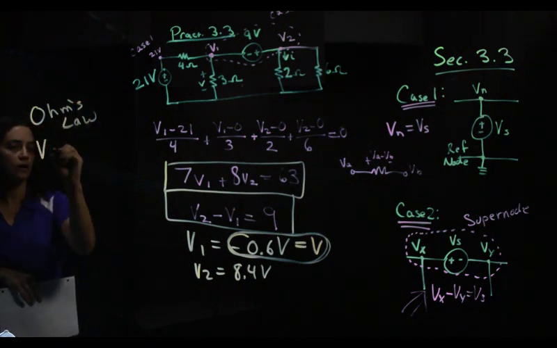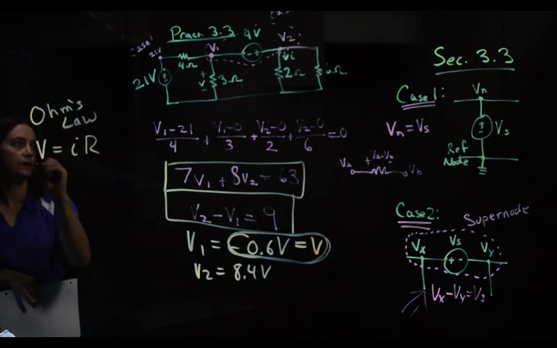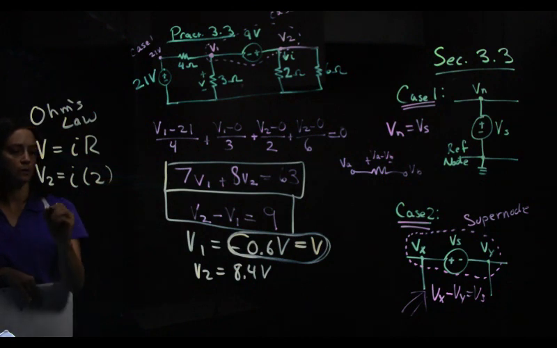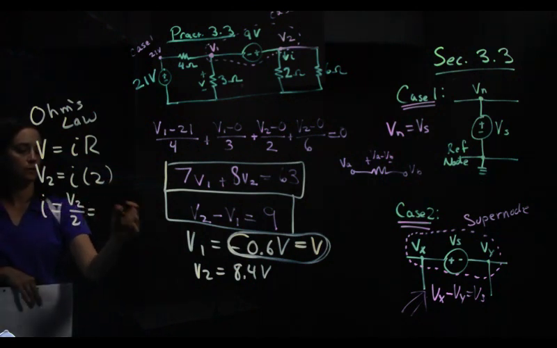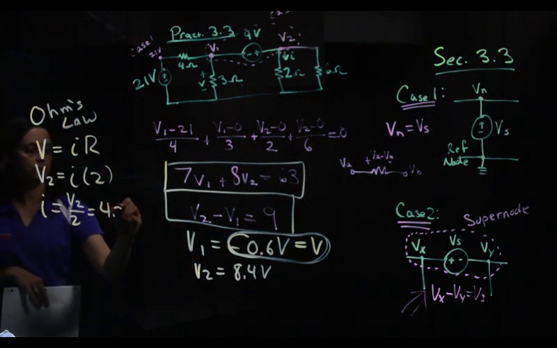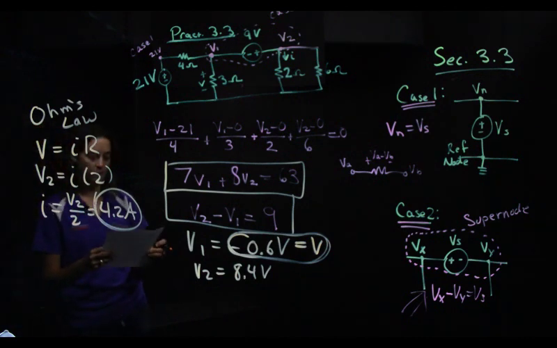V equals IR. V2 equals I times 2. Or I equals V2 over 2, or 4.2 amps. That's the second thing that the problem had asked for.